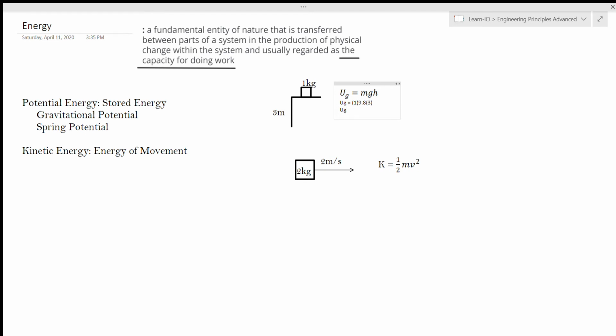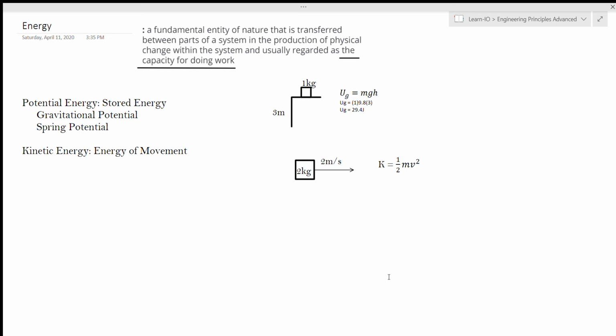So we get a UG of 29.4. 29.4, and the unit for energy, if you remember from last time, is joules. All right, so that's how we find the gravitational potential energy of an object. Now let's move on to kinetic energy.